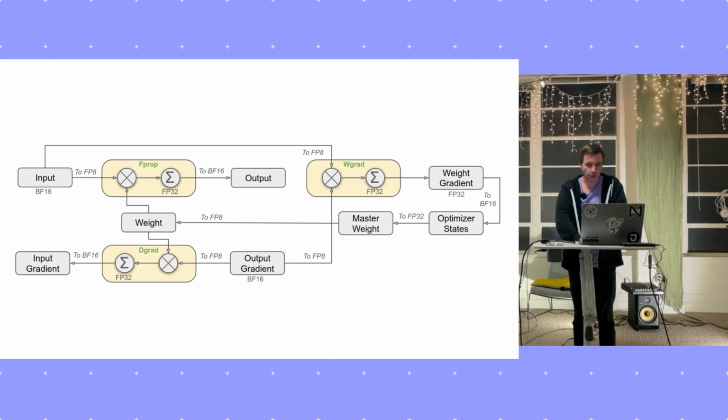The key interesting ideas here: one is that when you do 16-bit training, you usually just use BF16. BF16 is a floating point format where the exponent is wider and the mantissa is narrower, and FP16 is the other way around.